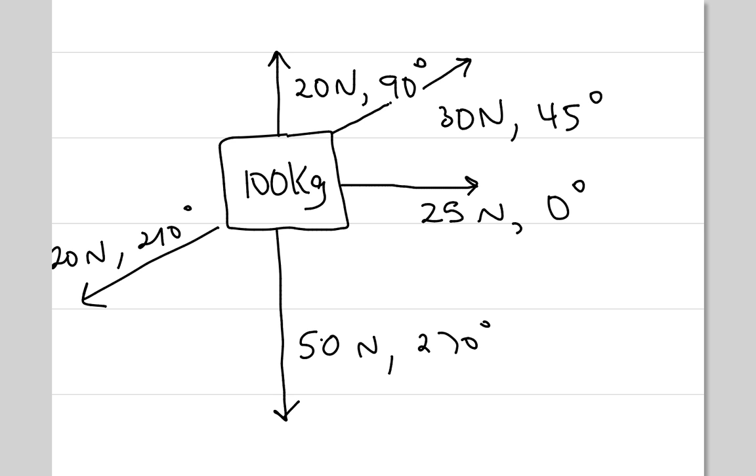So it's probably going to go to the right. And do you think it's going to go more up or down, more north or south? Just by staring at it, you can see 50 newtons south. Also, you have some south from this one here, this 210. And you have some north from up here. So it probably will end up south because of this 50 newtons. So we think it's going to be moving sort of southeast. Do you guys agree? So that's just a prediction. It looks plausible.